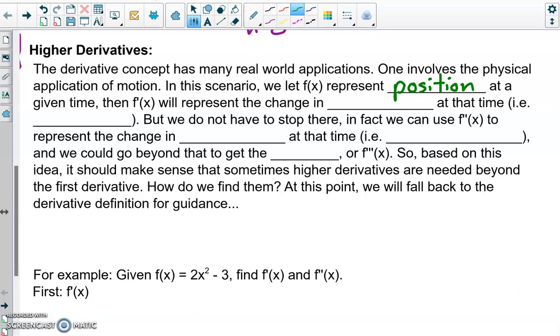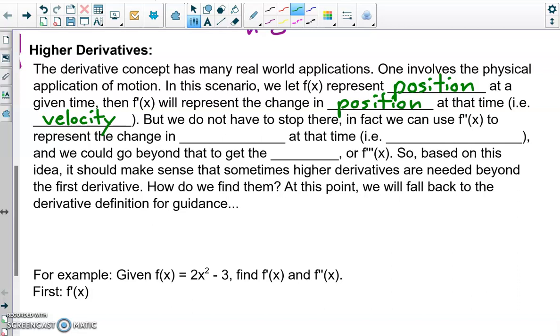So your x-axis is the time axis, and then all your y values, your f of x's, are going to represent positions. So they usually use units like feet or meters or miles or whatever, and your y value will be so many miles or so many feet, your position at that time. Well, the f prime of x will represent the change in position at a time. And when you're changing position over time, you've got velocity. So, and more importantly here, you've got the instantaneous velocity from your f prime of x in this scenario.